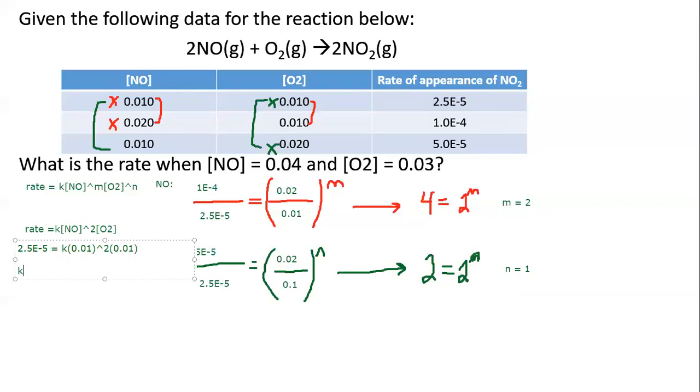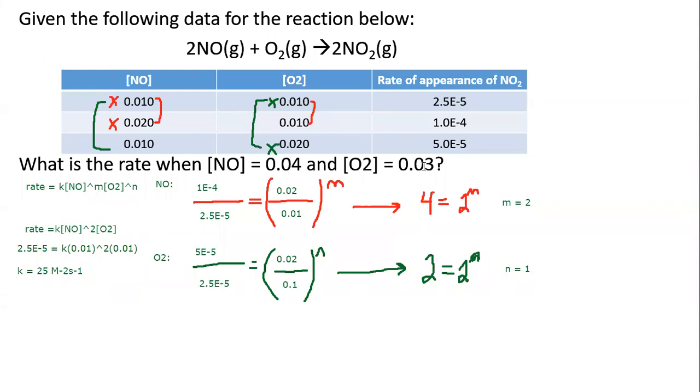And we're going to solve for K. And we get a K of 25. Now the unit, since this is an overall third order reaction, the unit would be M to the -2 s to the -1. So now we have the rate constant.